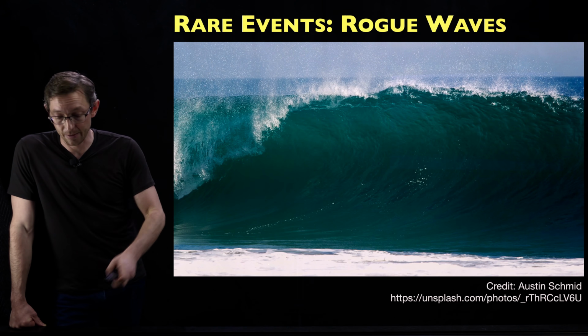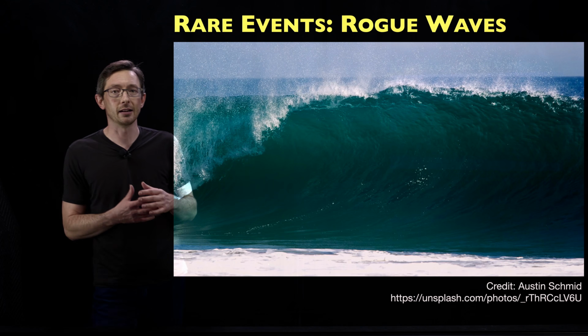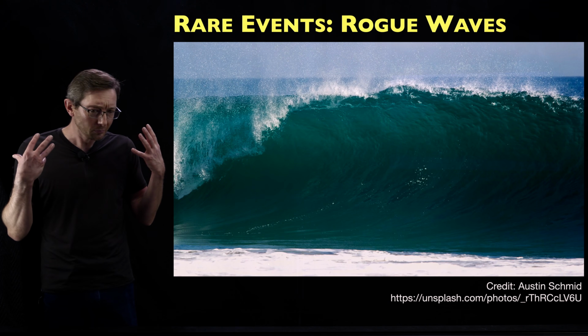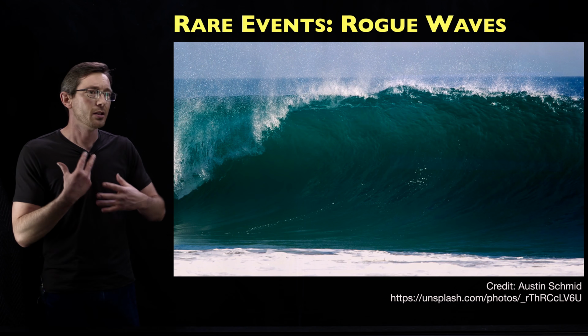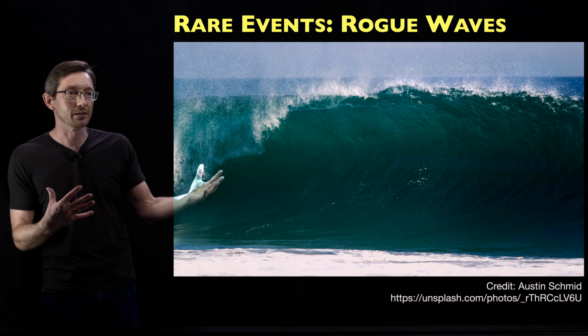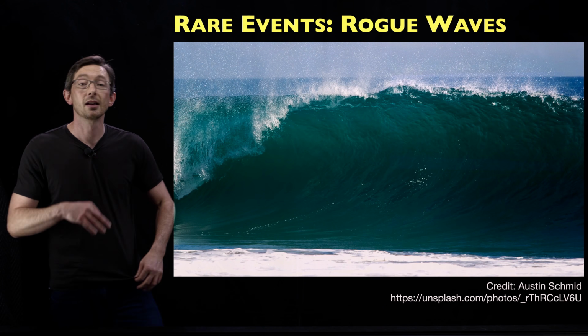Rare events is another form of data bias if you think about it. So I have colleagues like Themis Sapsis at MIT who think about these extreme events in dynamical systems. So we all know that there are waves in the ocean. Sometimes they're fun waves. Sometimes they're catastrophic, destructive waves.